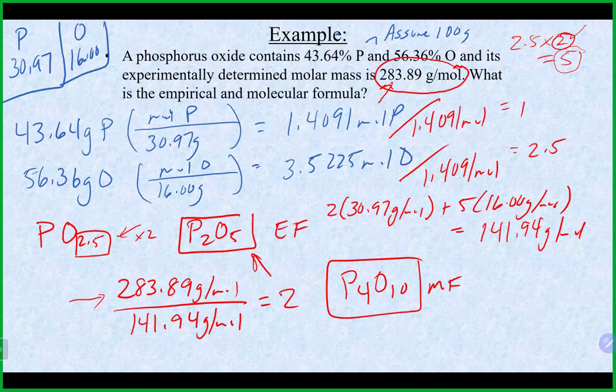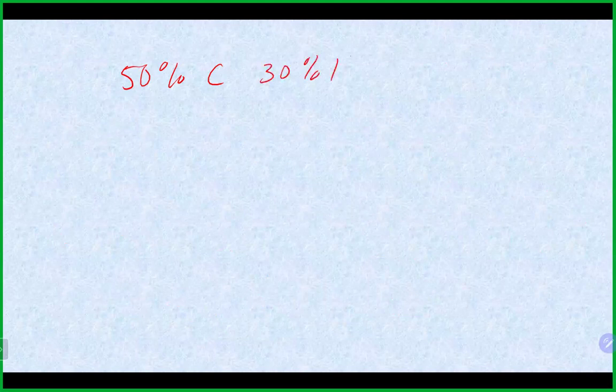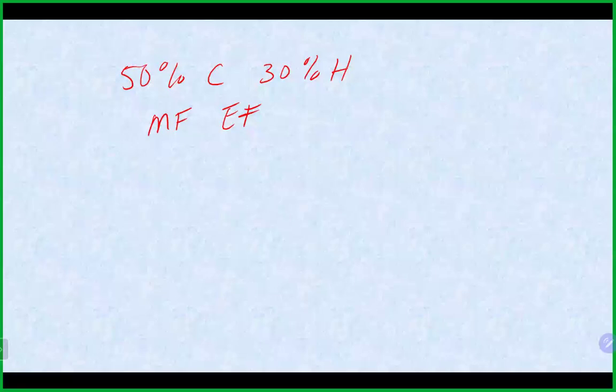And no, but there might be a time where you add up the percentages and it doesn't equal 100%. And it may give you some other piece of information that will allow you to figure it out. So for example, let's just say it said, hey, this was 50% carbon. This was like 30% hydrogen. And maybe that's all they give you, right? And they ask, what is the molecular formula or even the empirical formula? It doesn't really matter which one you want to do, or both.